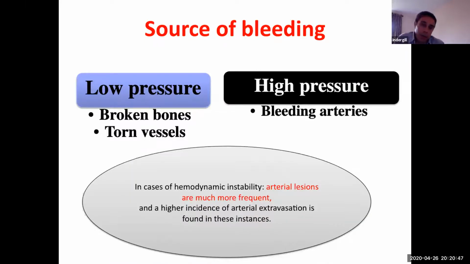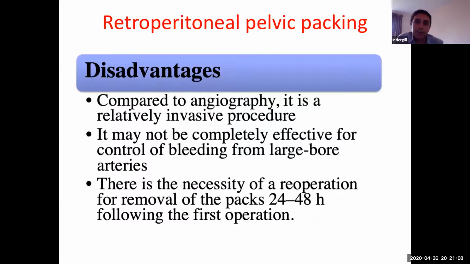But as a corollary, when the patient is hemodynamically unstable, the arterial lesions are more frequent. So although they are 10% in the total scenario, they can be more frequent when there is hemodynamic instability. So keep it at the back of your mind and just don't discount embolization if that's available in your center.